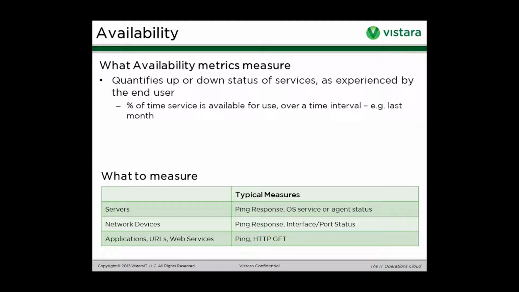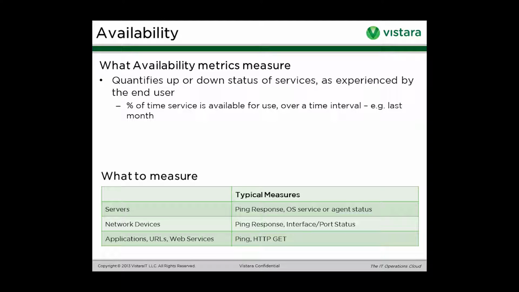What does availability actually capture? What availability captures is really the availability, or up or down status, of services as experienced by the end user. And to be more specific, you can think of it as a percentage of time over any interval, over a month, over a quarter, that the services are available for end users to use.